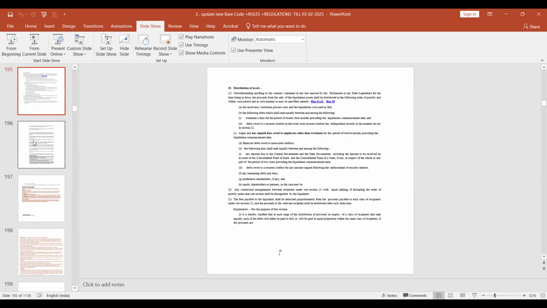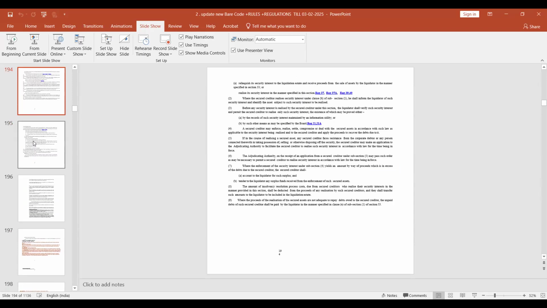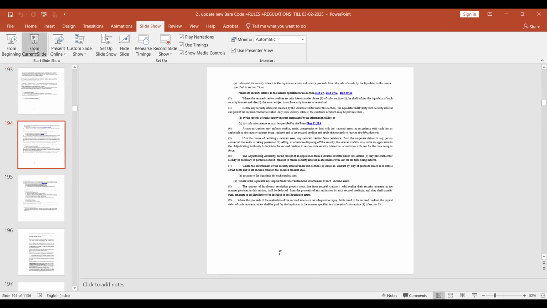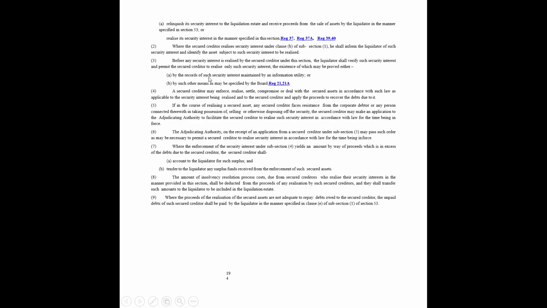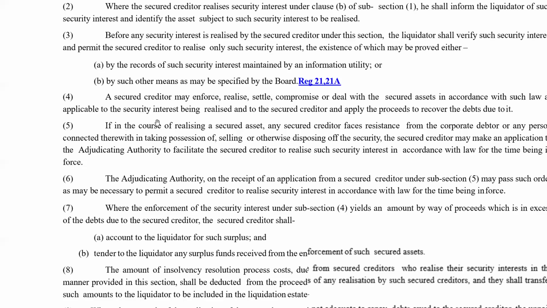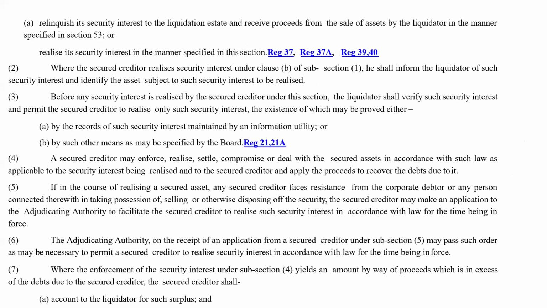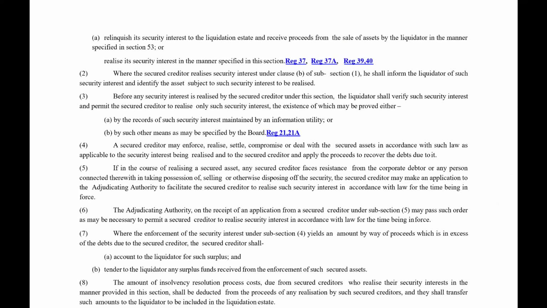Now, suppose he wants to realize the security interest. Then what is the next step? He shall inform the liquidator of such security.